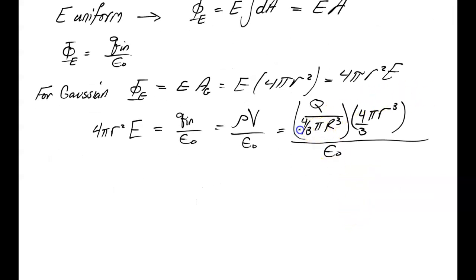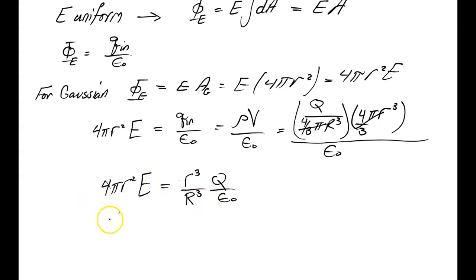Notice that the 4 pi over 3 cancels from those, leaving us with 4 pi r squared E equaling little r cubed over big R cubed times Q over epsilon naught.